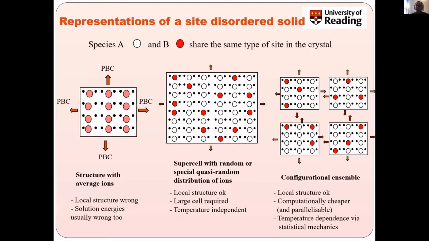This is cheaper because, in principle, you don't need to use very large supercells. And this can also be parallelized very easily. And also you can then take into account temperature effects and so on, simply by statistical mechanics in the ensemble, because you can change the way in which each configuration appears in the ensemble.